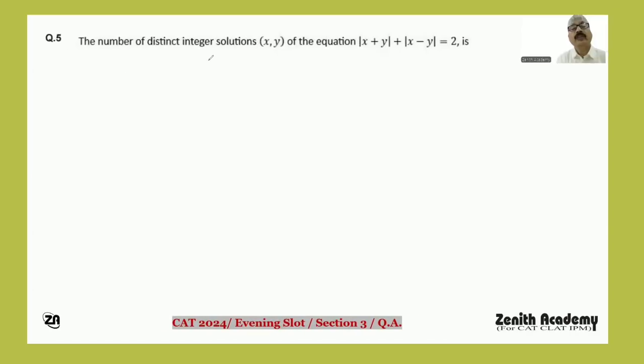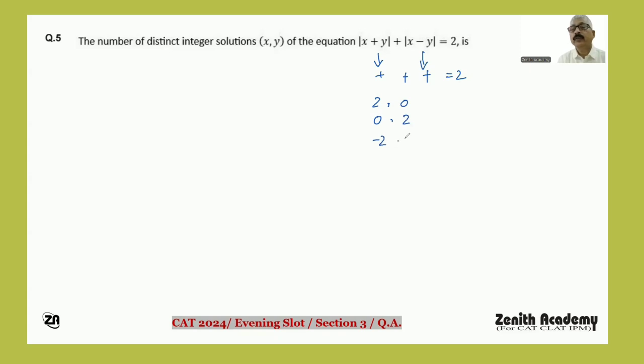Now, the number of distinct integer solutions (x, y) of the equation mod of x plus y plus mod of x minus y is equal to 2 is. So here mod of x plus y is positive. Mod of x minus y, positive. Positive plus positive is equal to 2. So the possible cases are like 2 and 0 or 0 and 2. Correct?